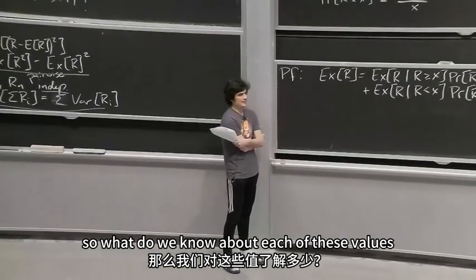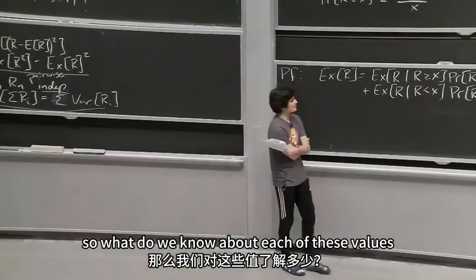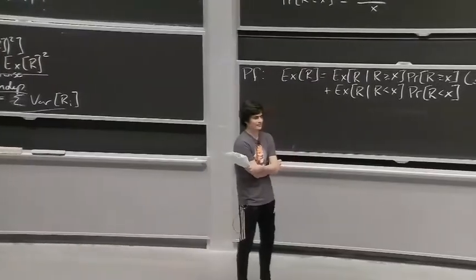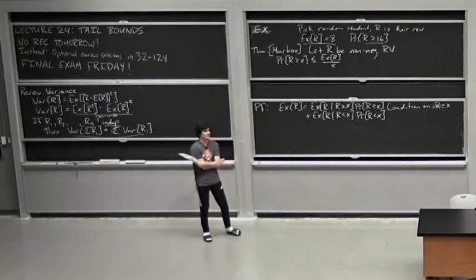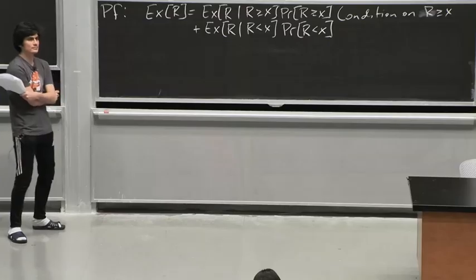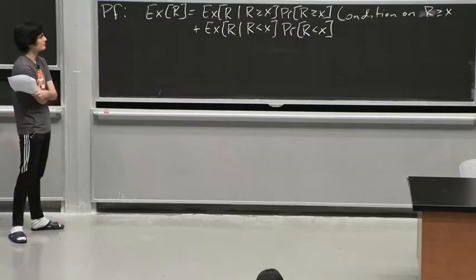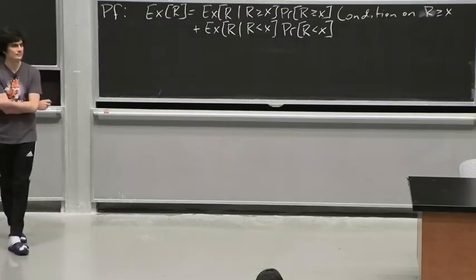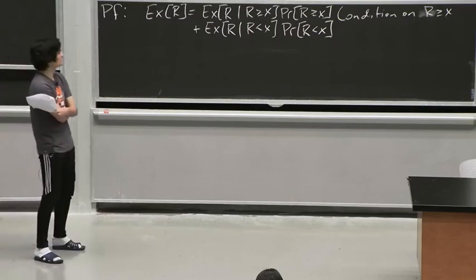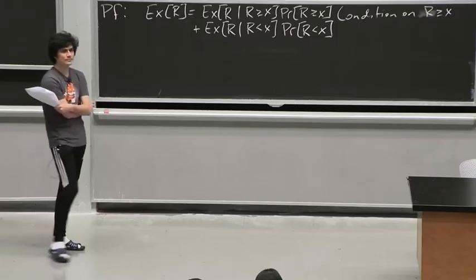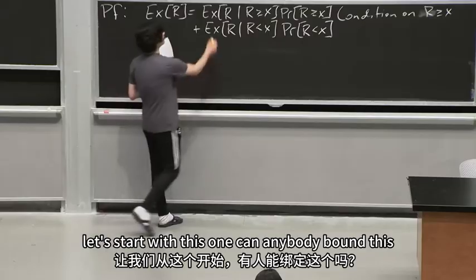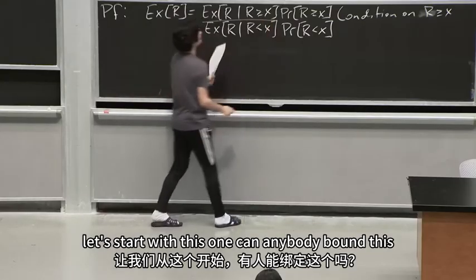So what do we know about each of these values? Let's start with this one. Can anybody bound this?